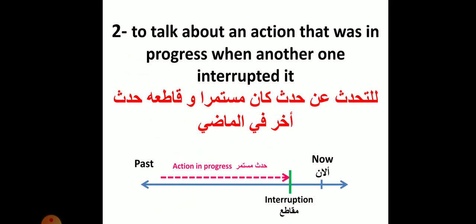The second use, the past continuous is used to talk about an action that was in progress or ongoing when another one interrupted it. Look here at the timeline. We have the action in progress and we have the interruption.